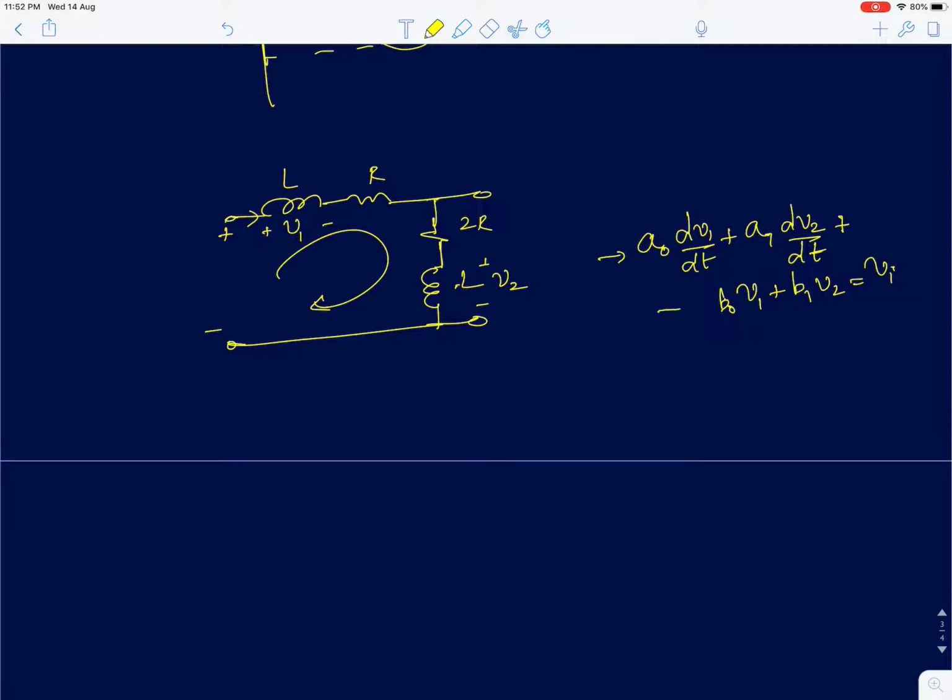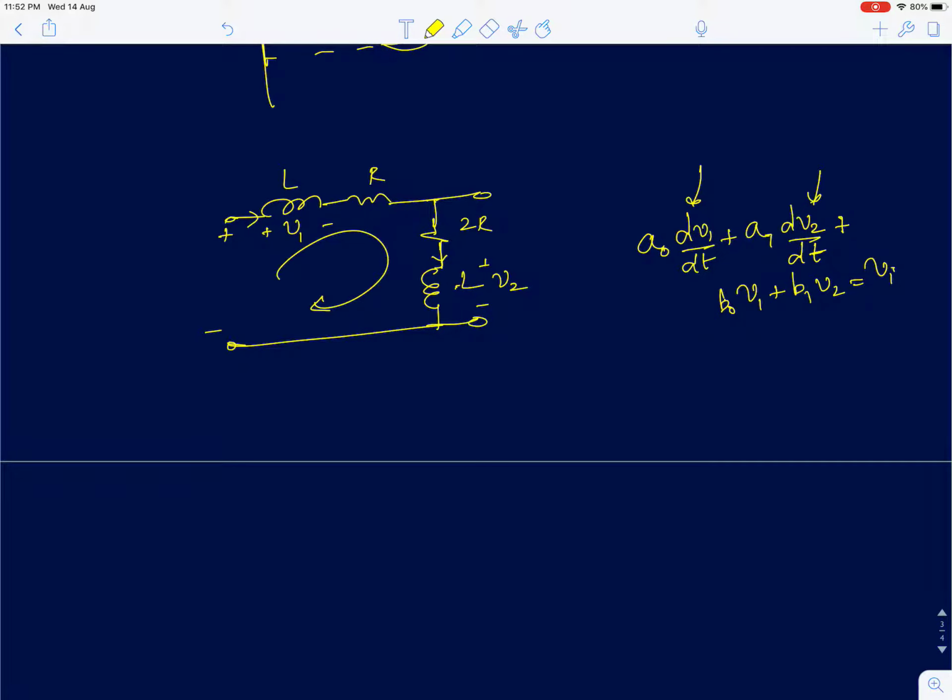So here there are two unknowns. Since there are two unknowns, we can have two differential equations in terms of V1 and V2. To find the solution, we need one more equation, because one equation is not sufficient. If you look at this circuit, the current in both the inductors is the same.